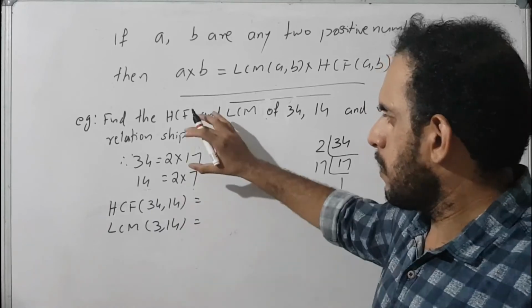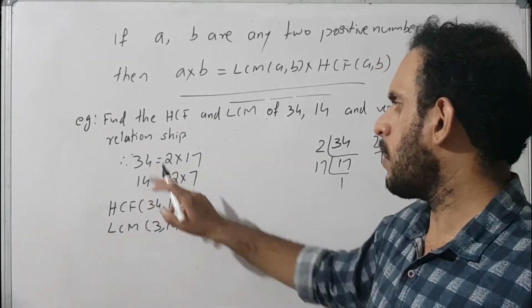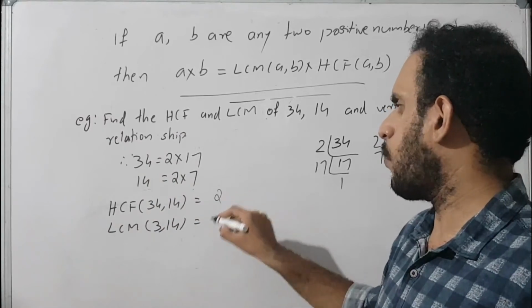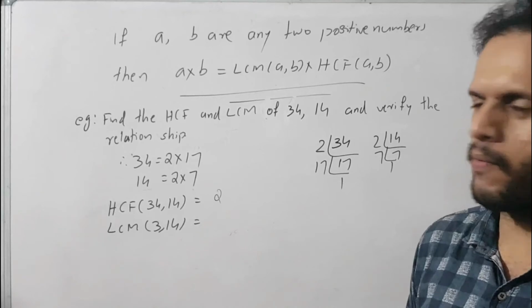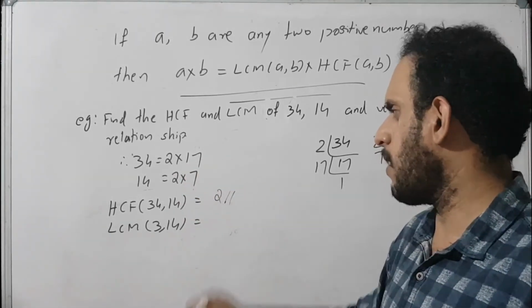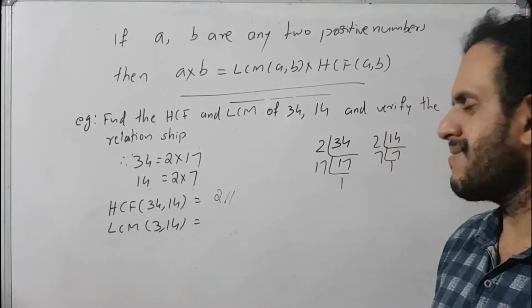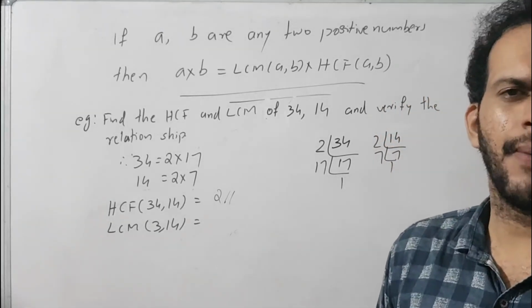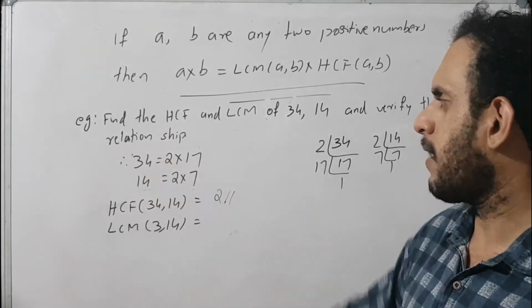Then we want to find HCF and LCM. HCF means we want to find the common prime numbers. What is common here? Only one common number, that is 2. What is the smallest power of 2 here? The smallest power of 2 is 1. So the HCF is 2. Then LCM is the product of the prime numbers involved in this prime factorization.